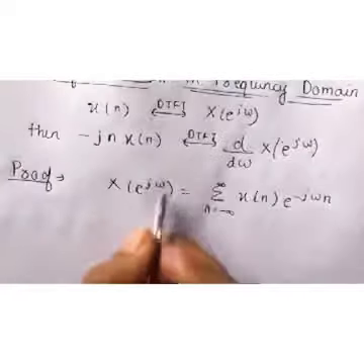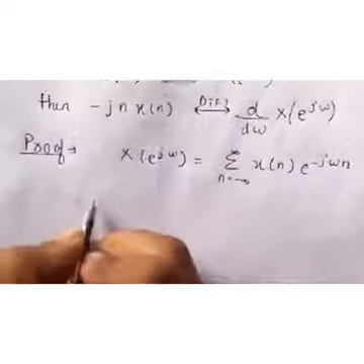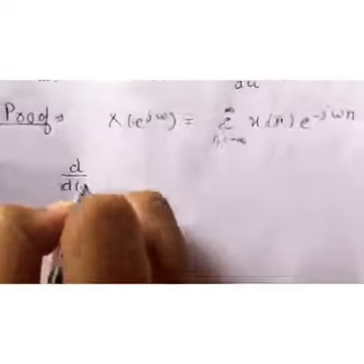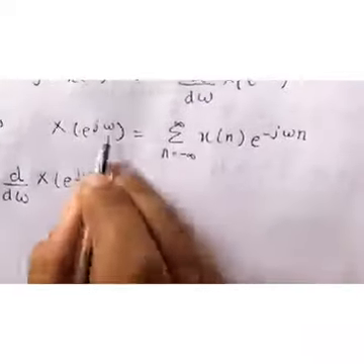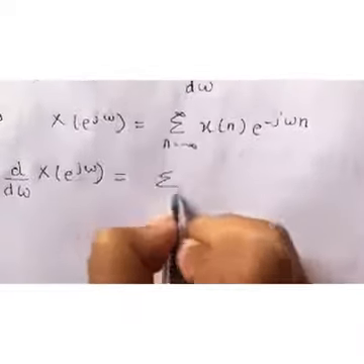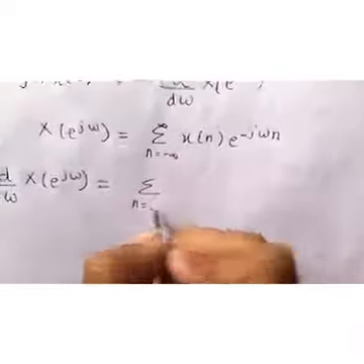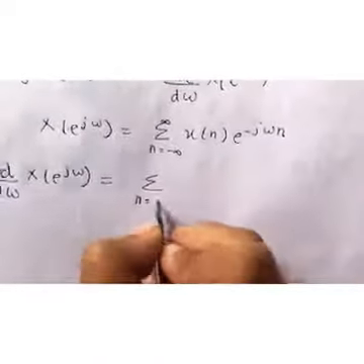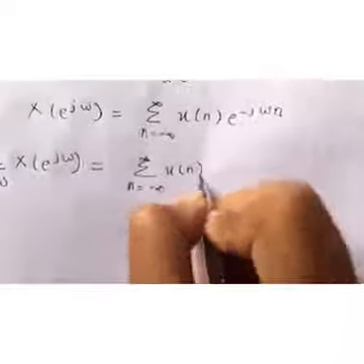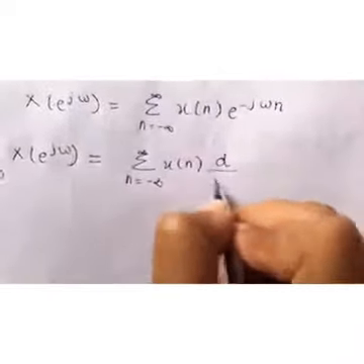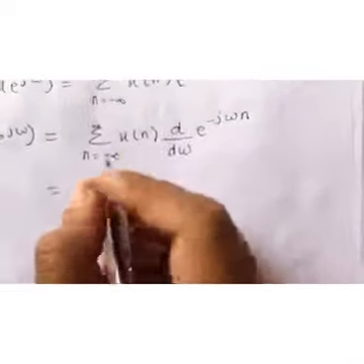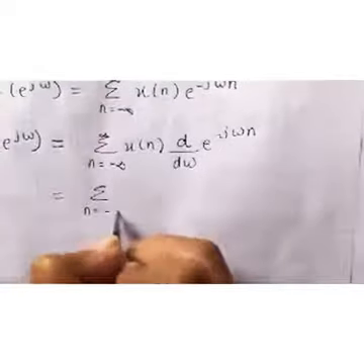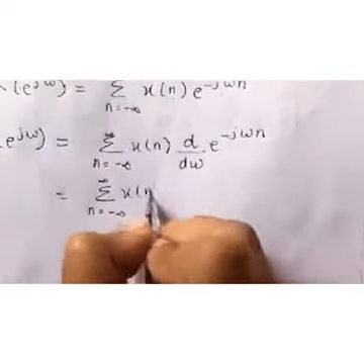So differentiating this with respect to ω, we get d by dω of X of e^{jω} is equal to, differentiating both sides with respect to ω, the summation from minus infinity to infinity of x of n, and we differentiate only the exponential.